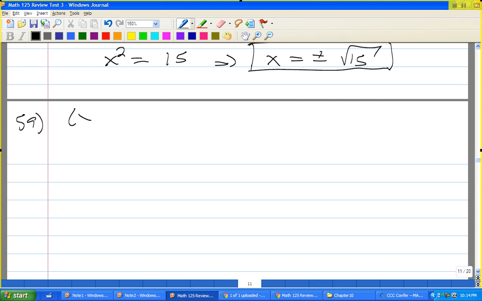x plus 4 quantity squared is 24. So it says that x plus 4 is equal to plus or minus the square root of 24. Subtract 4 from both sides.